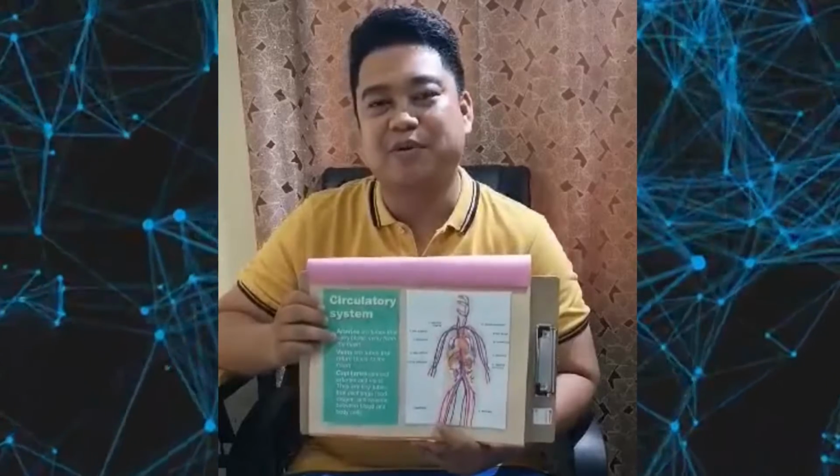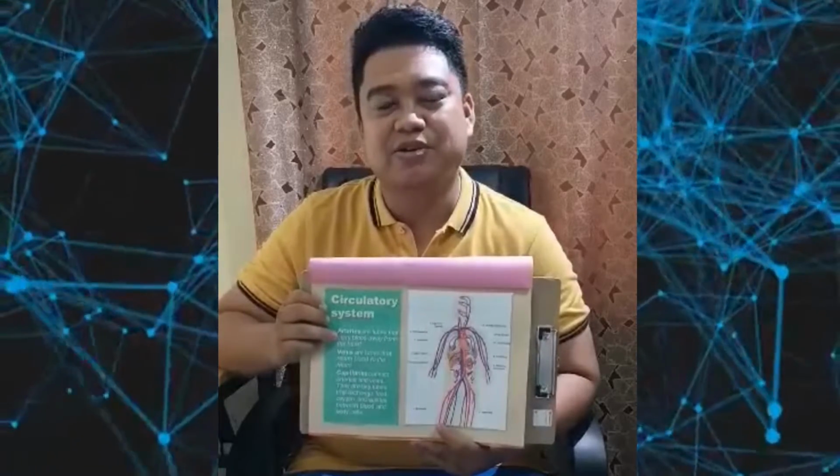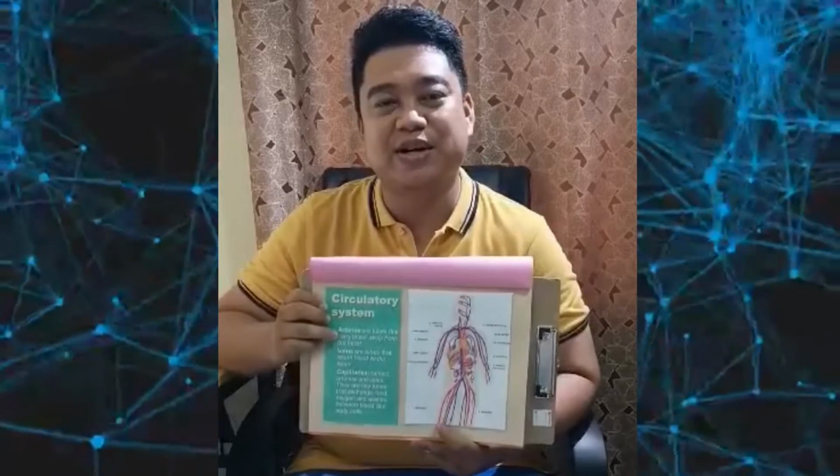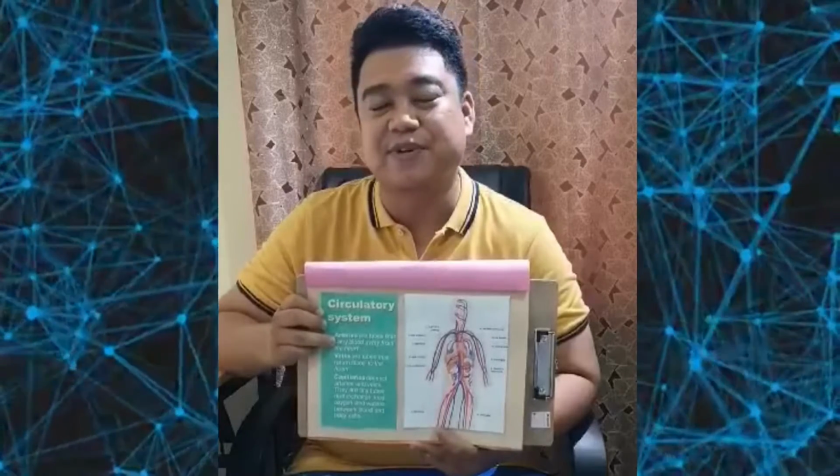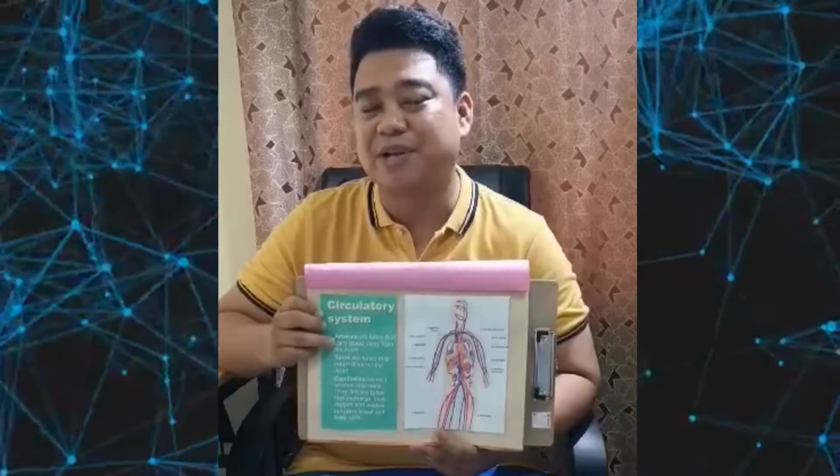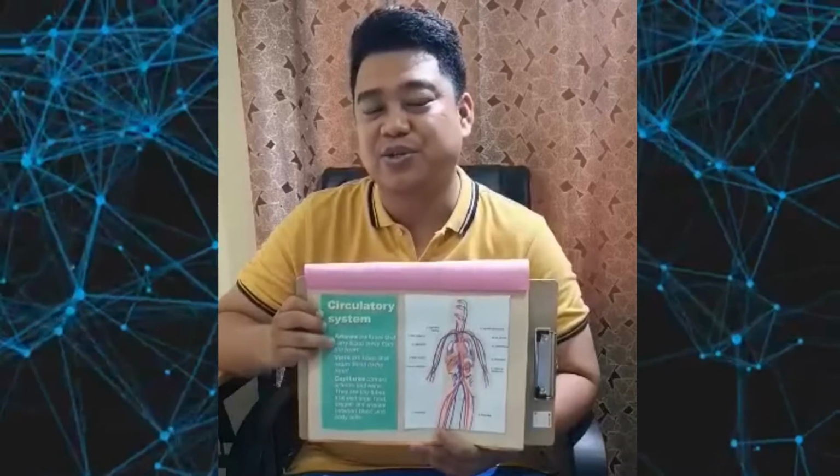So in this illustration, you can see a person with red blood vessels and blue blood vessels. Your red blood vessels refer to your arteries, and the function of your arteries is to carry oxygenated blood towards the circulatory system, and your blue blood vessels, referred to as your veins, carry blood towards your heart.